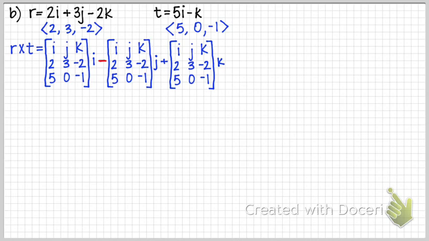Okay, so that's not a good color to use. Let's use this. So we want to find i in this first term, so we'll cross out the row and column that i is in.